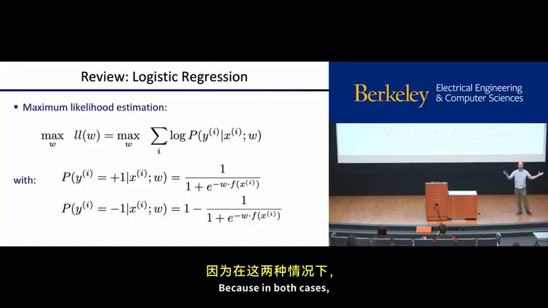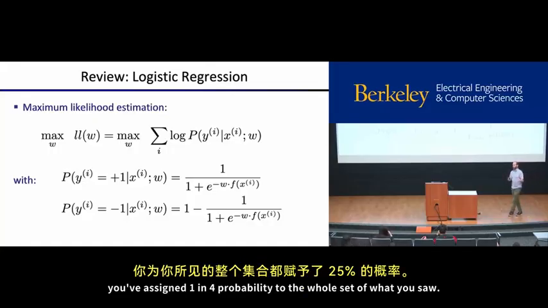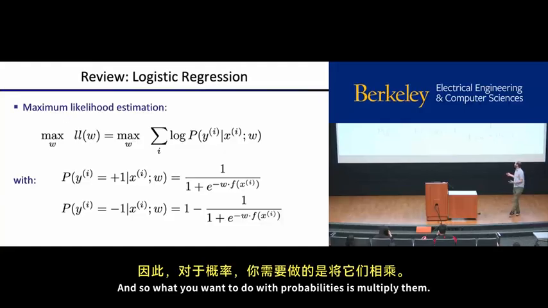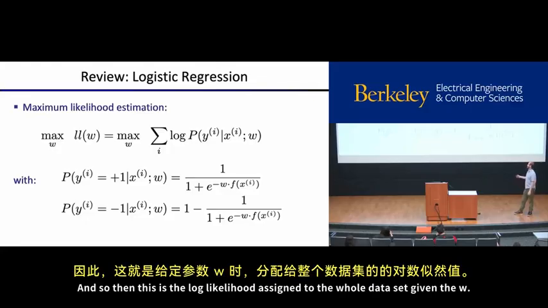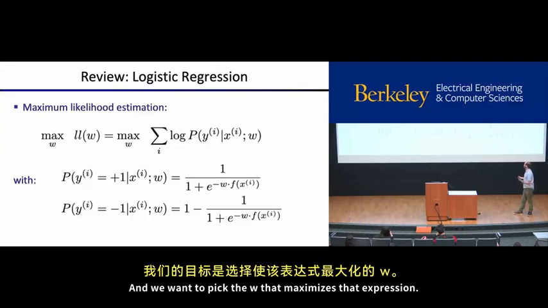Because in both cases, you've assigned 1 in 4 probability to the whole set of what you saw. And so what you want to do with probabilities is multiply them. But for convenience, it's easier to just take the log and then add them. And so then this is the log likelihood assigned to the whole data set given the W. And we want to pick the W that maximizes that expression.